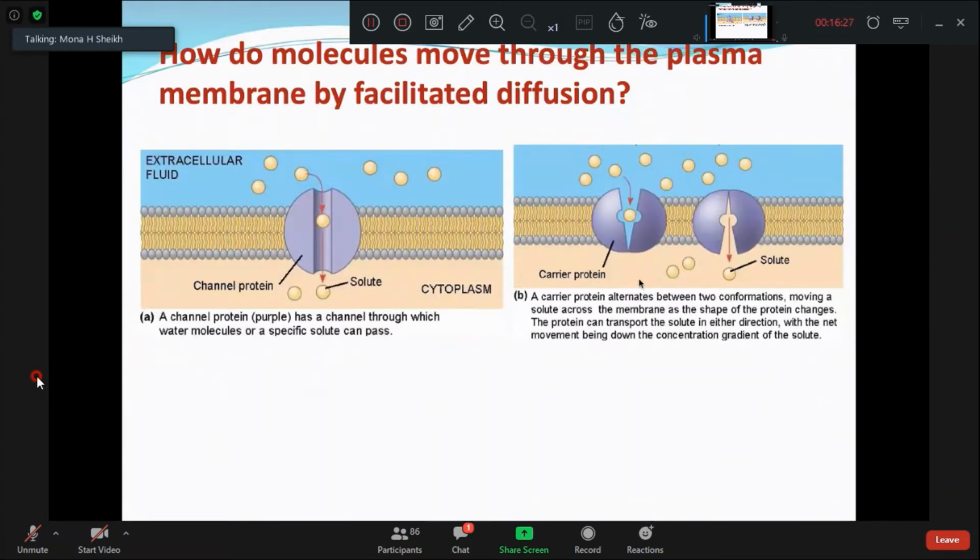These are called carrier proteins. Exactly. So they bind and then open to the other side. One time they open outside, one time they open inside, or vice versa. But it still obeys the rule: from high to low, no ATP. Okay, so it is a passive phenomenon.